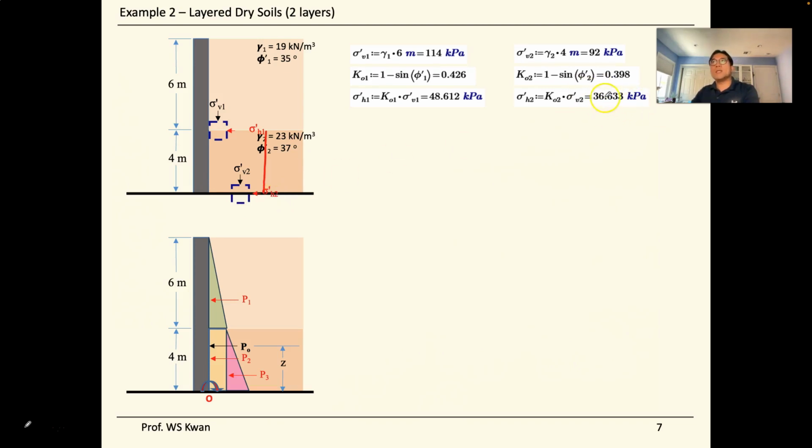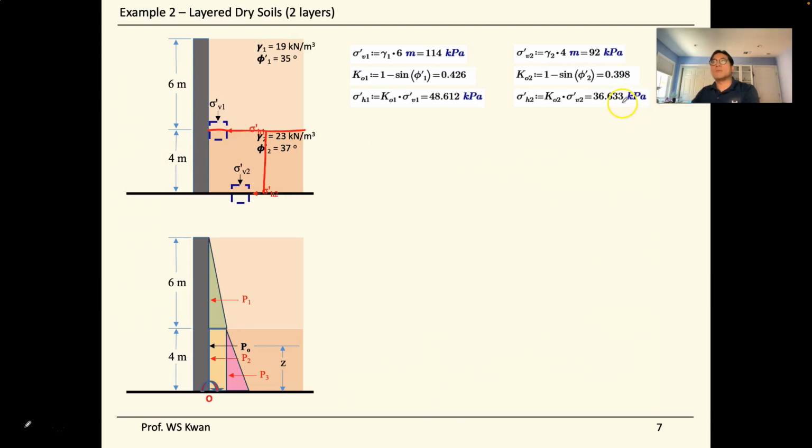You may wonder why this number is smaller than sigma h1. Sigma h2 is smaller than sigma h1 because the way we calculate sigma h2 is counting from the top of the second layer, and in this case we have a thinner second layer.